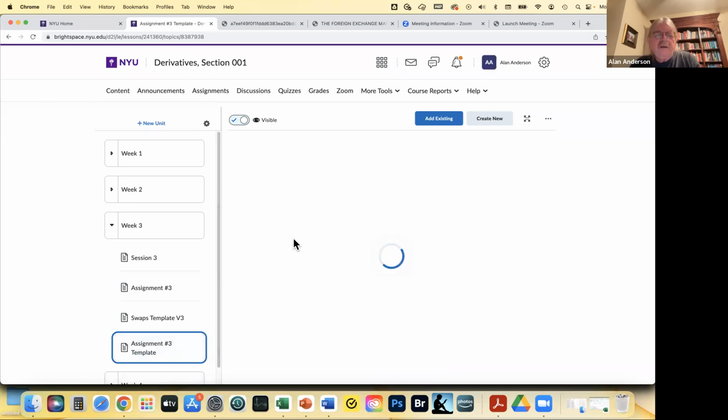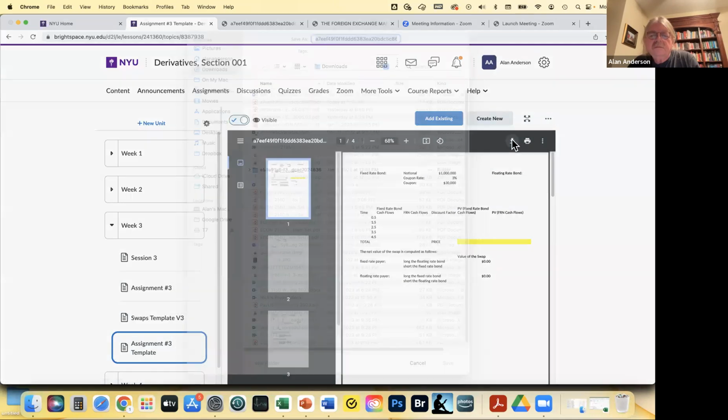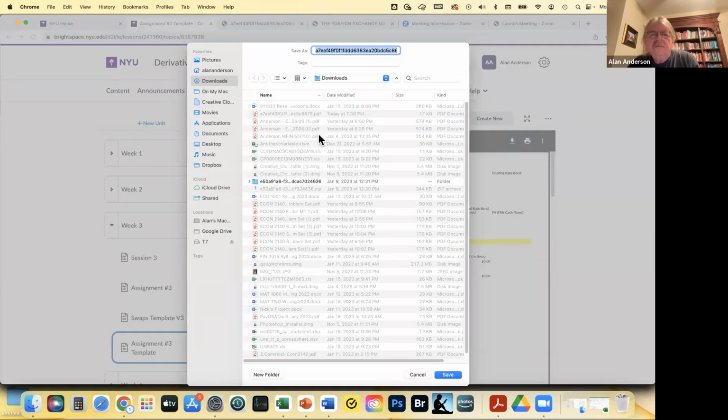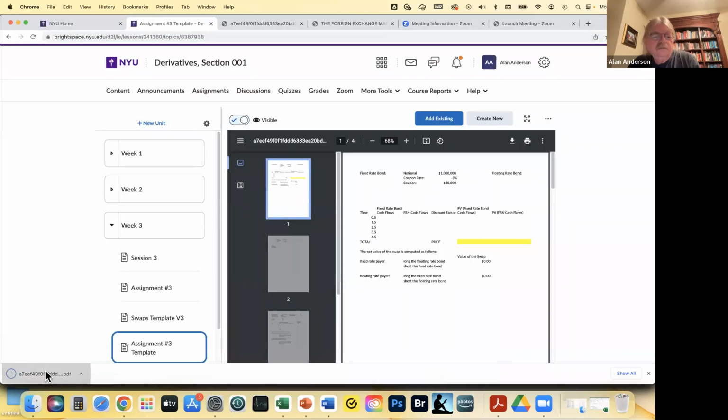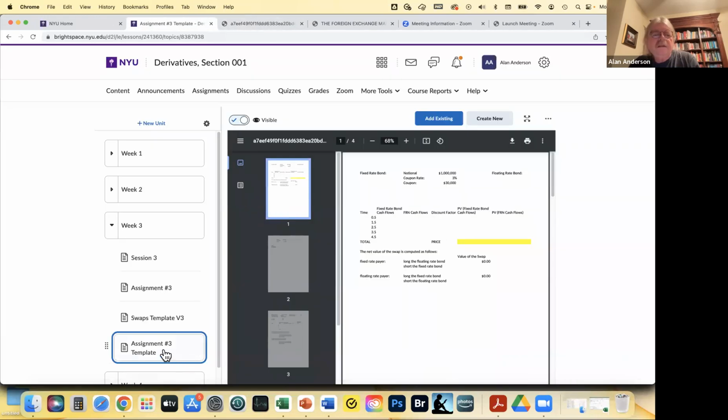I'm going to try to open it up and make sure that it is in fact an Excel spreadsheet. This is really aggravating me. No, it's a PDF. Why is it doing this?